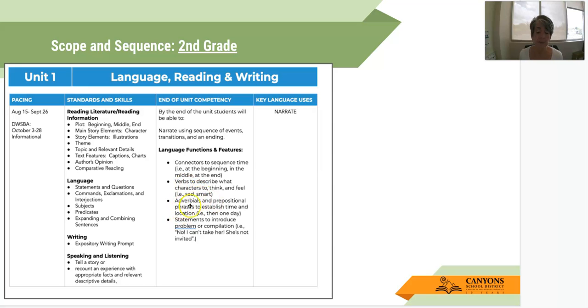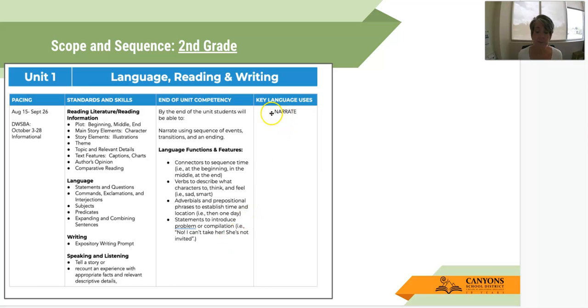They should be able to use prepositional phrases like then or any other adverbials, one day. They should also be able to have statements to introduce the problem. So here are some examples of what that might be to introduce or tell about the problem.